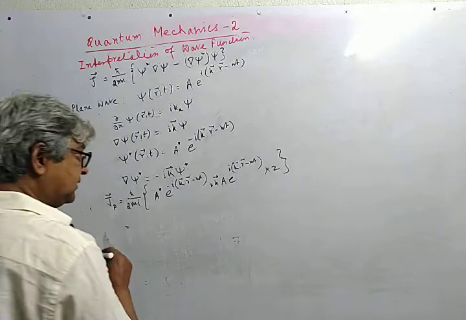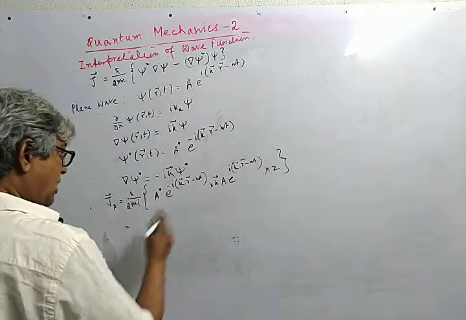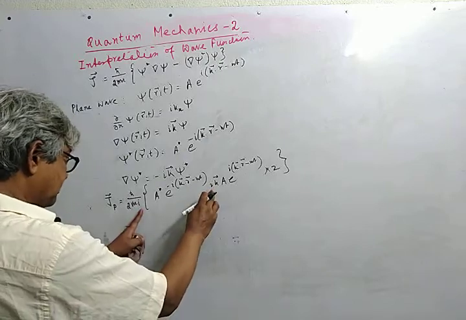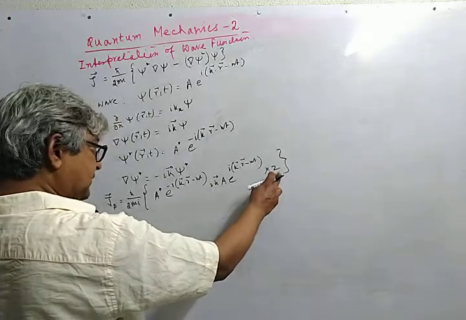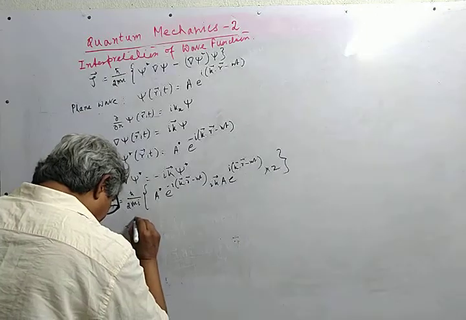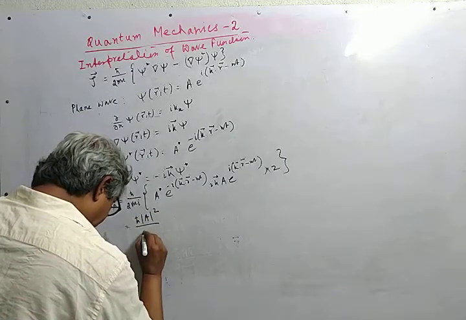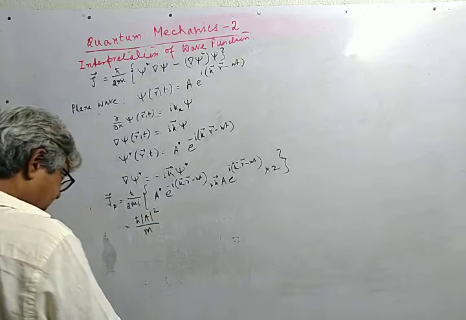So the result is, this i cancels with this, 2 cancels with this, so the result is h line |A|^2 by m.